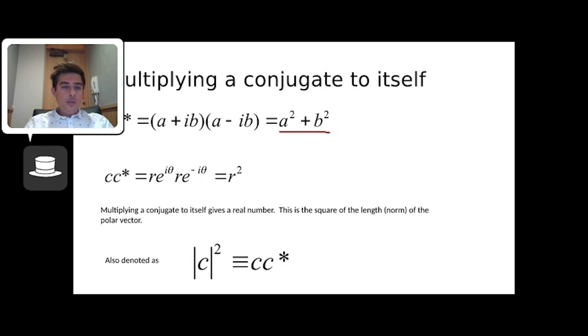We know that C can be written as r times e to the i theta, but the conjugate can be written as r times e to the minus i theta. Using Euler's rule, you can work out that e to the i theta times e to the minus i theta is equal to 1.